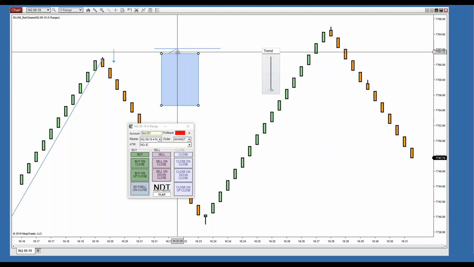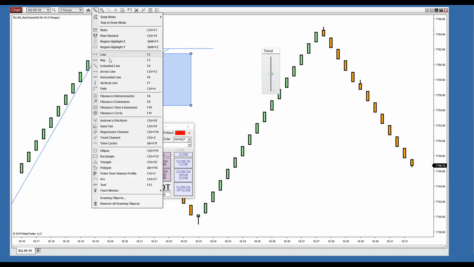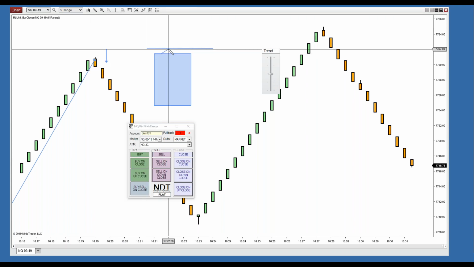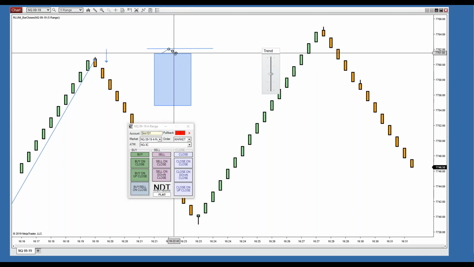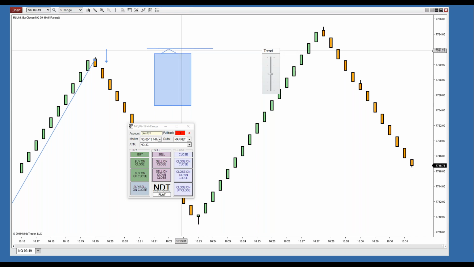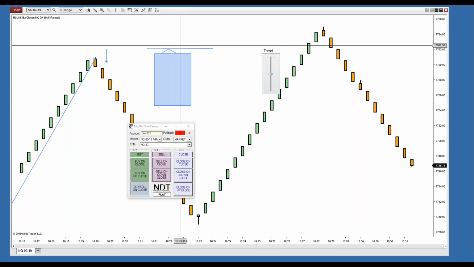So it's broken the weak resistance of the top of the candle. Let me just move this to the middle. But then it's got to come back 1 tick to fill you. Now this works really well on Forex where the market is jumpy and you have a spread that you have to overcome.